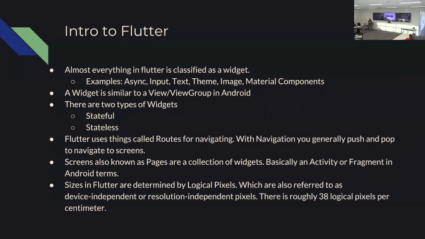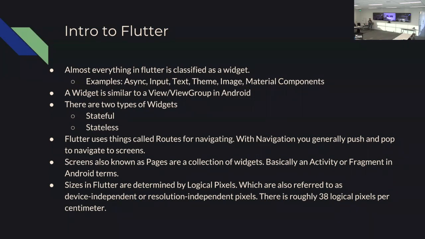Sizes in Flutter: in Android, we have DPI, DP, and SP. In Flutter, we don't. We have what are called logical pixels, which are also referred to as device-independent or resolution-independent pixels.